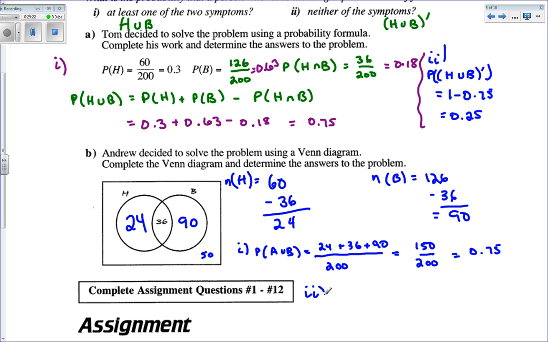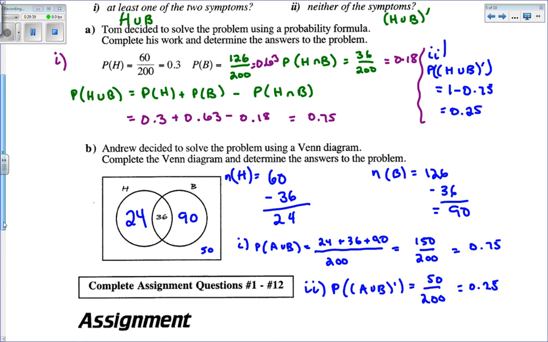For the second one, for part 2, neither of the symptoms, that's the number that lies outside the Venn diagram. So the probability of not H or B is 50 out of 200, or 0.25.